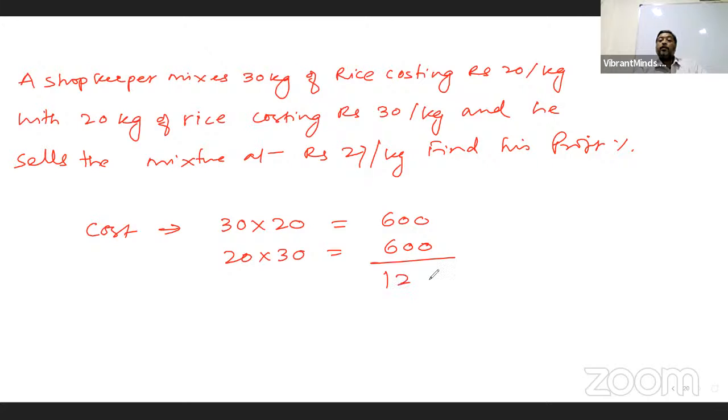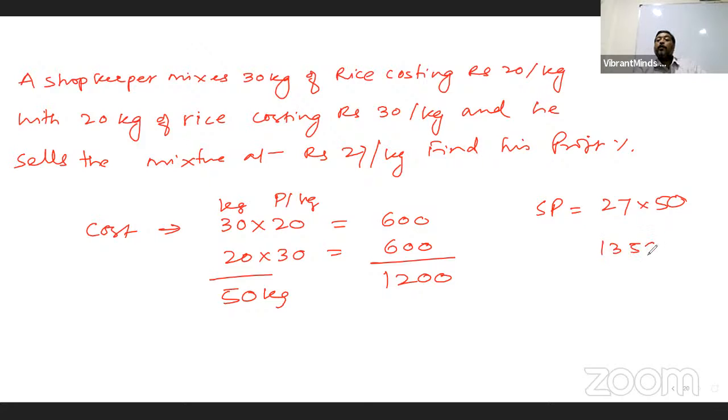Total cost is 1200, and he has bought 50 kg. He is selling the mixture at 27 rupees per kg, so selling price will be 27 into 50, that is 1350.